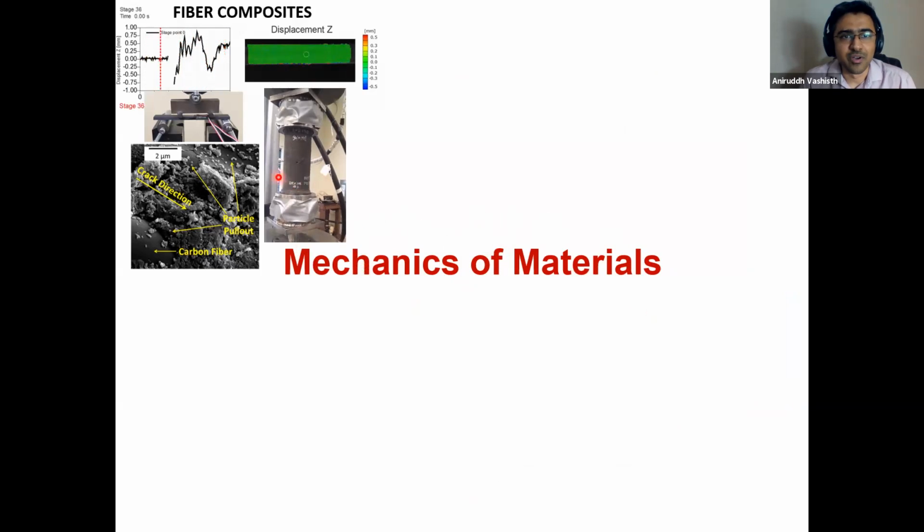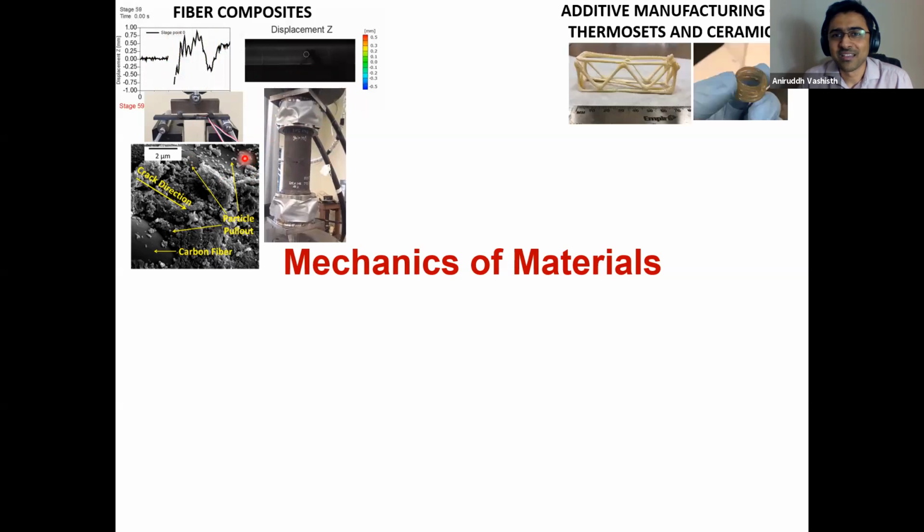As a researcher, I've worked on a bunch of different projects geared towards mechanics of materials. During my PhD, I worked a lot on the manufacturing, analysis, and testing of fiber composites. This project was funded by Army Research Lab and NASA, and we were looking at the ballistic tolerance of helicopters. At the end of this project we actually made a Black Hawk drive shaft, which was pretty cool.